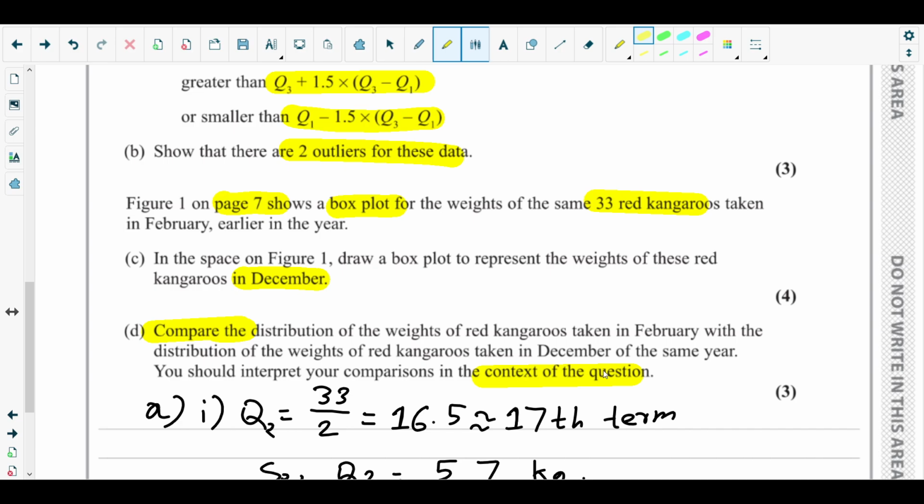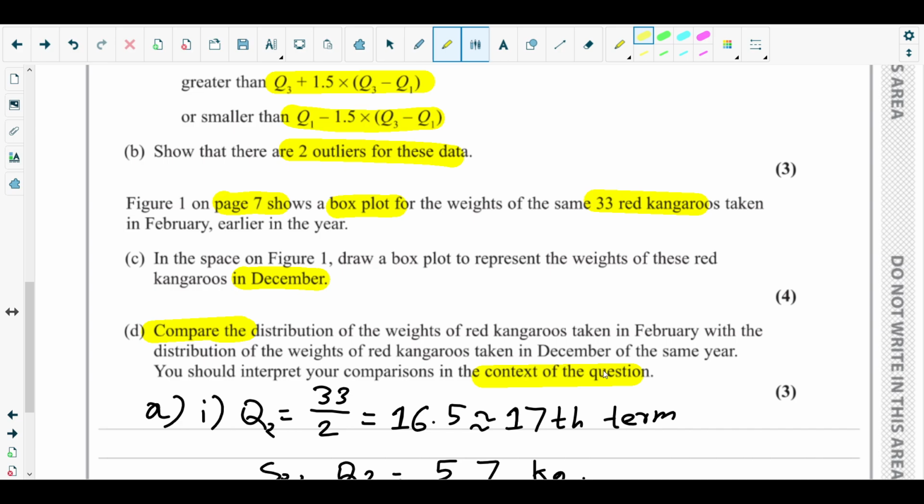The second is a comparison on the measure of spread, which can be variance, standard deviation, the IQR, that is the interquartile range, or the range of the whole data. And the third point is a comment on the context of the question. This is how the 3 marks are given.